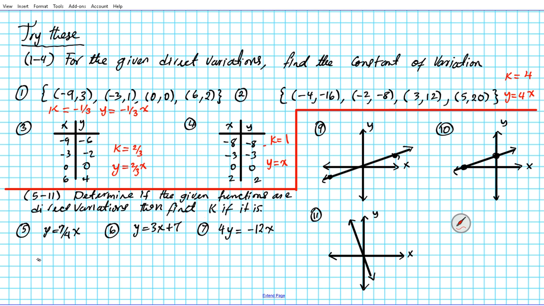For number 5, this is a yes, and your constant of variation k is 7/4. For number 6, this is a no. For number 7, this is a yes, and your constant of variation k, when you solve for y, is going to be -3. For number 9, this is a yes, and your constant of variation k is 1/3.